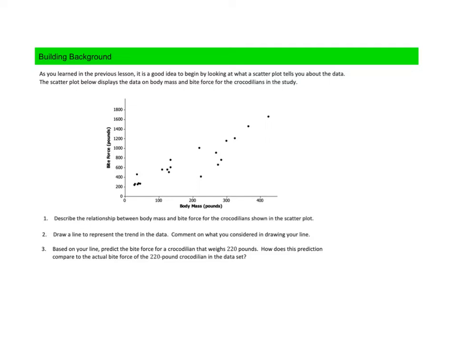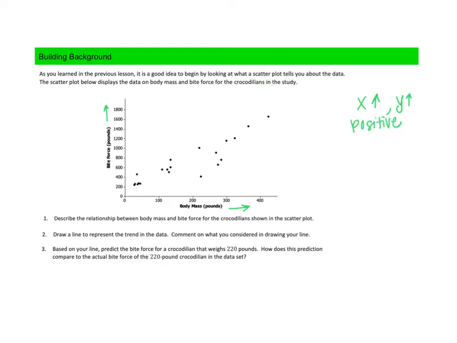Number 1, describe the relationship between body mass and bite force. So looking at this relationship, you can see that as body mass increases, bite force increases. So one thing I want to point out to you, that if X increases and Y increases, then our trend is positive.